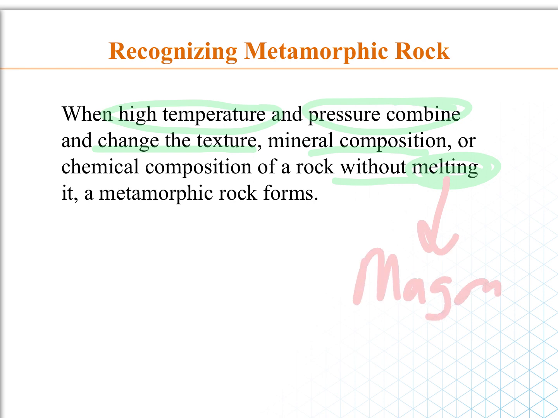And magma is how we make igneous rock, right? So we don't want that to happen. No melting. Instead, high temperature causes change, makes rocks ductile. Right, we can deform them.